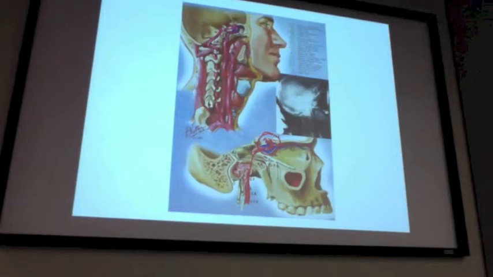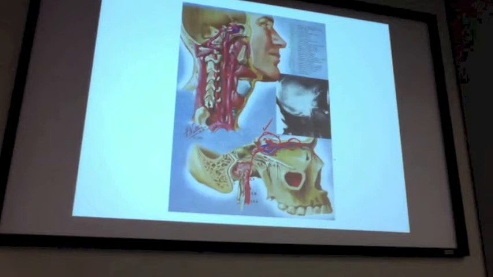Where I drew that circle here, I also want to draw your attention to the fact that the ophthalmic artery, which is this artery right here, which goes to the eye, is the first branch of the internal carotid once it's in the intracranial space. And so the ophthalmic artery is particularly vulnerable to embolic events.